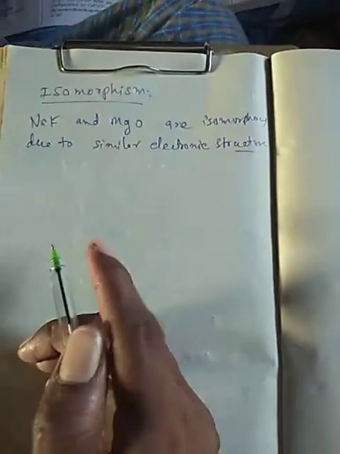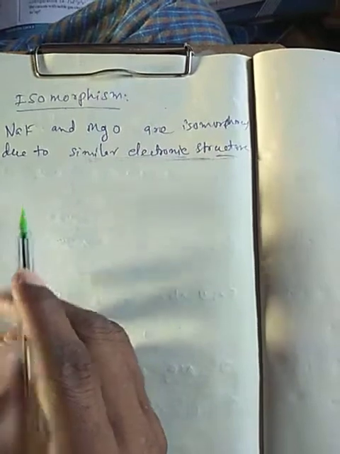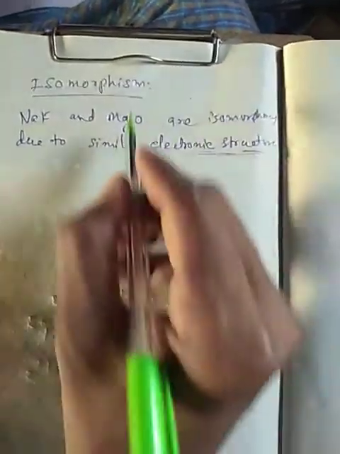Similar means the ions show similar electronic structure. These are called isomorphous.